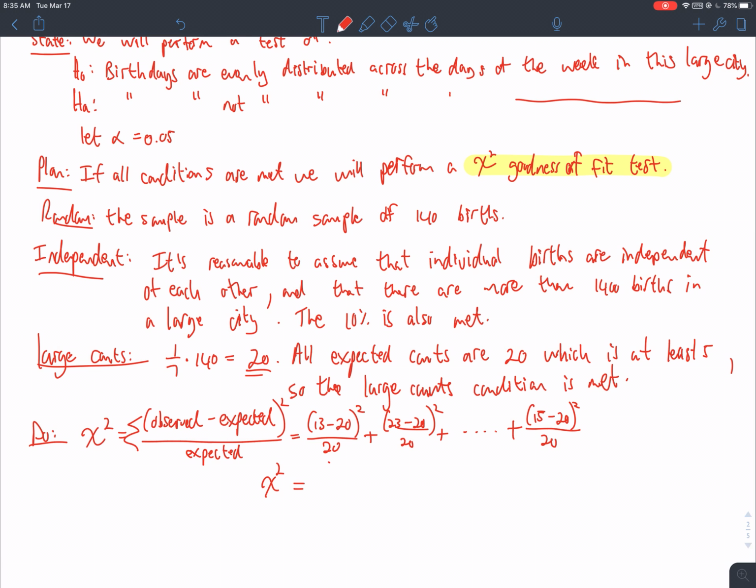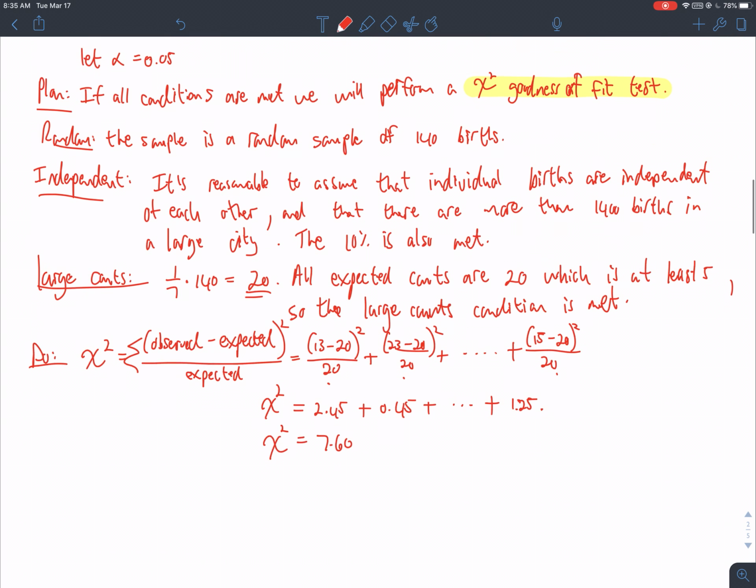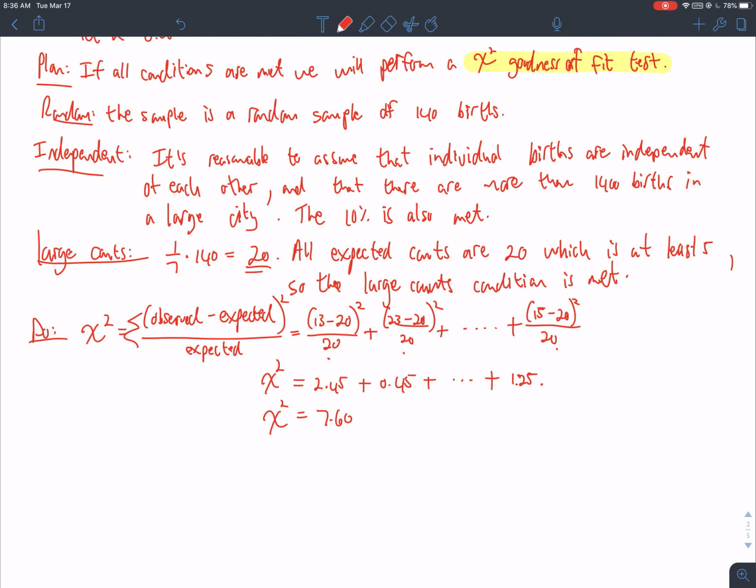But let me say, if you calculate these components, you should at least do that. And I think your calculator will show you that, but I'll show you that in the video, okay? But then you can list out what we call components or contributions to the chi-square statistic. And we'll talk about this a little bit more. And then what you get is 7.6. All right, that's your chi-square statistic.